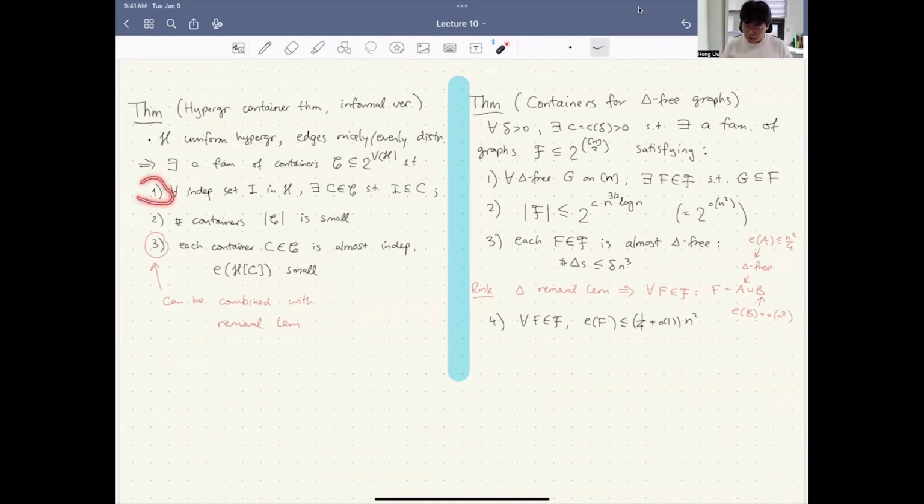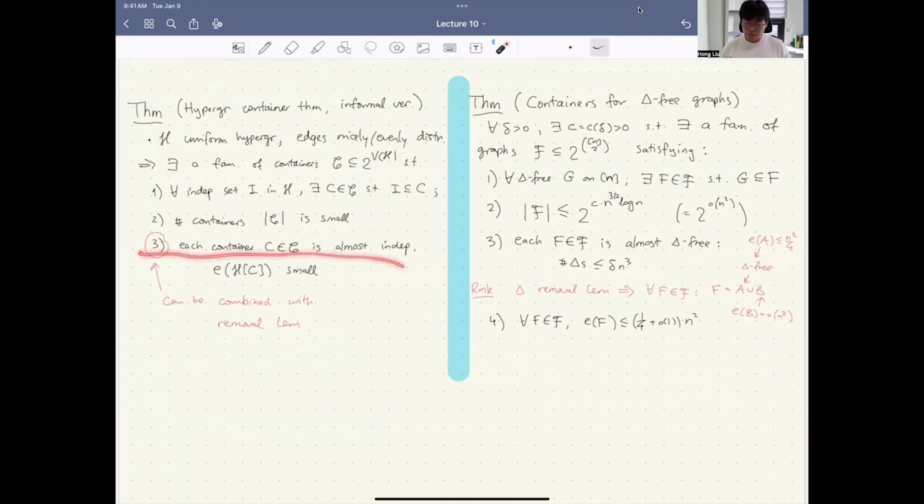This is the first item: every independent set is contained in one of these containers. The second item is we don't want there to be too many containers. Otherwise, we could simply take the family of all independent sets. Trivially, this is a collection of containers, but there are too many of them. So the number of containers is very small.